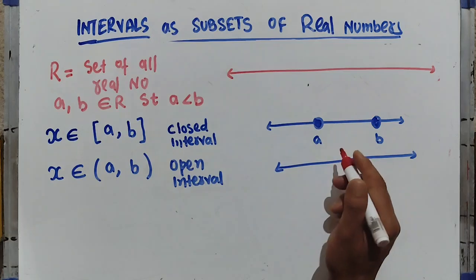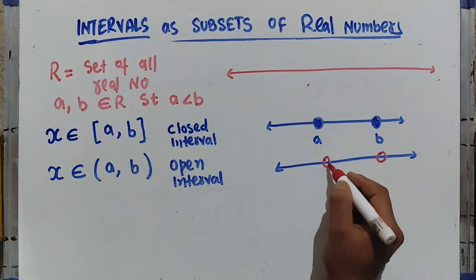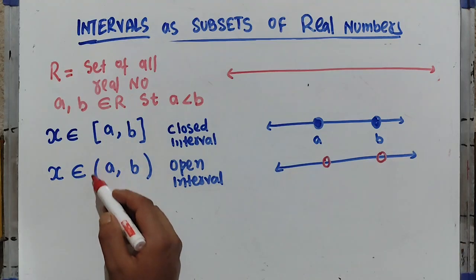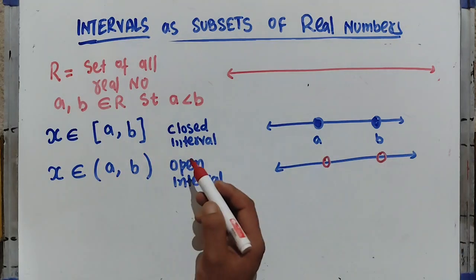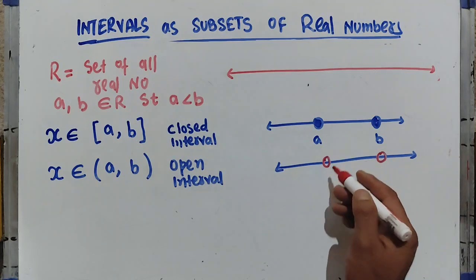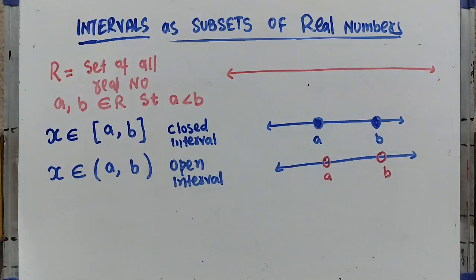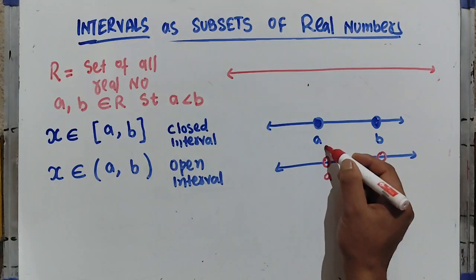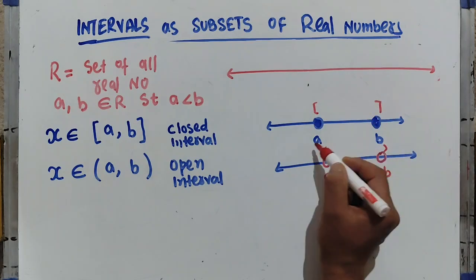Since it is an open interval, it has all numbers between a and b, excluding a and b. So here I have not shaded these two holes. This is called the open interval. Here we have the round bracket, and we will have the square bracket when we include both the numbers.